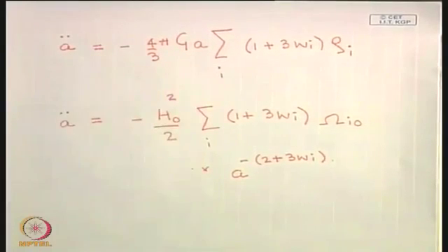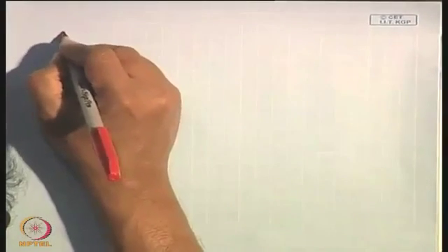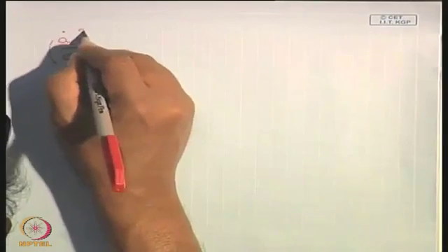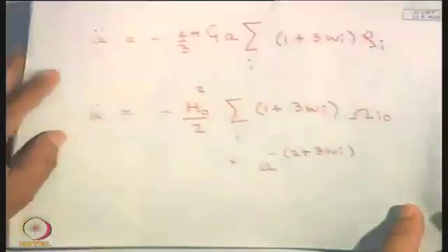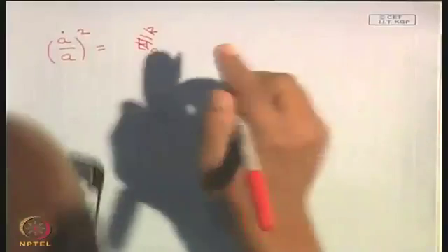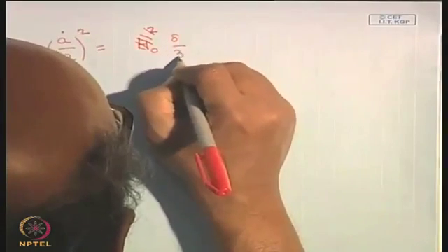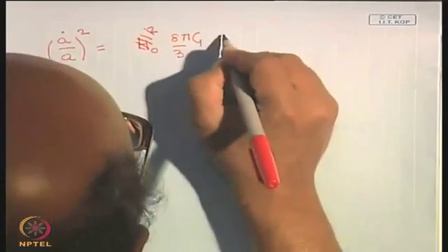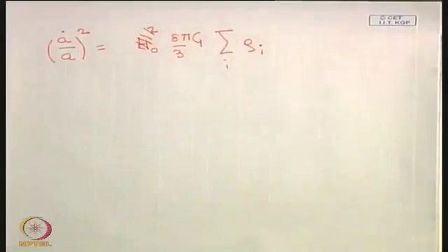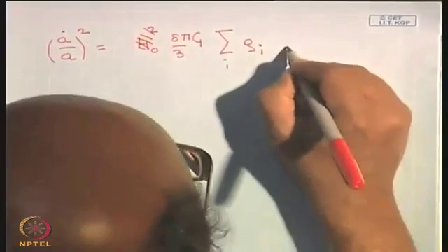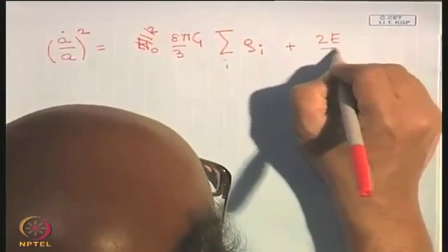Let me again remind you, after we integrated this equation we obtained the following: a dot by a squared, this is the Hubble parameter squared, is equal to 8 by 3 pi G into the sum of the different densities plus a constant of integration, which was 2E by a squared.